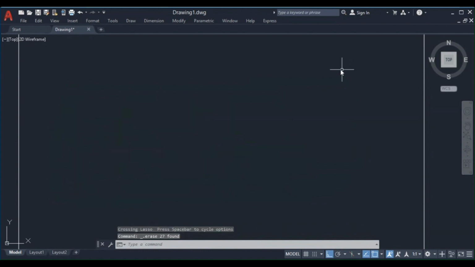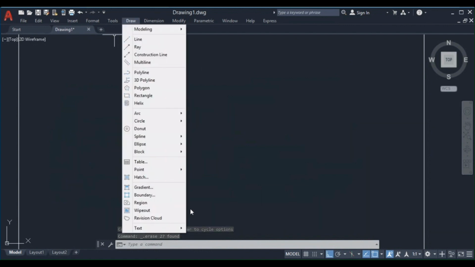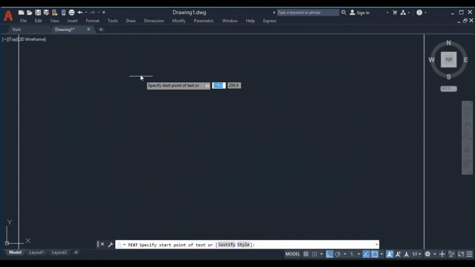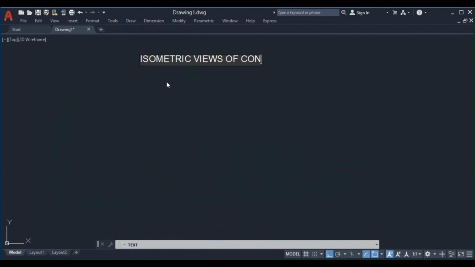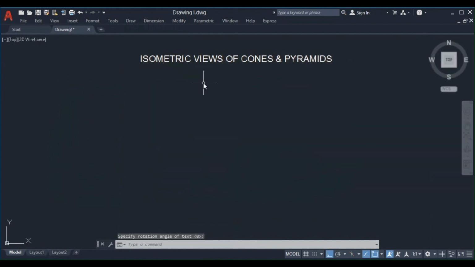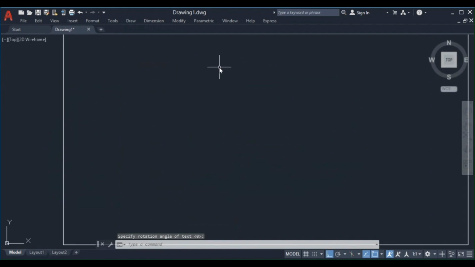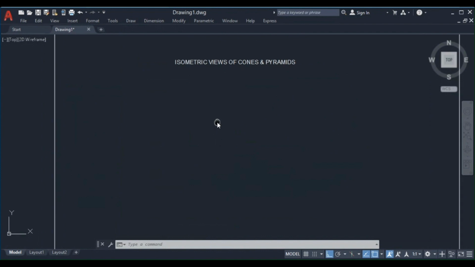Okay, the heading is isometric views of cones and pyramids. Yeah, first of all, make a note of the problem.